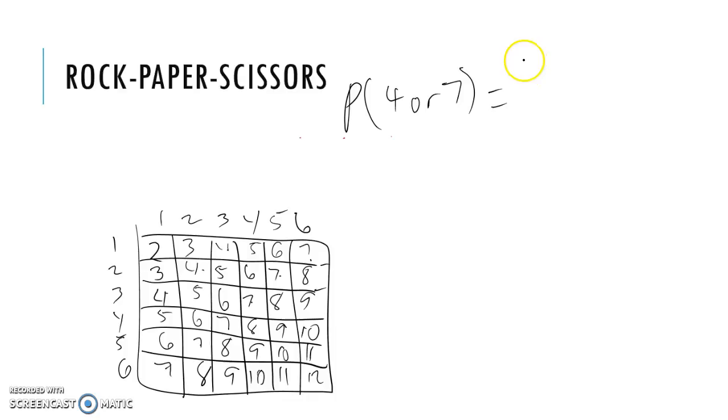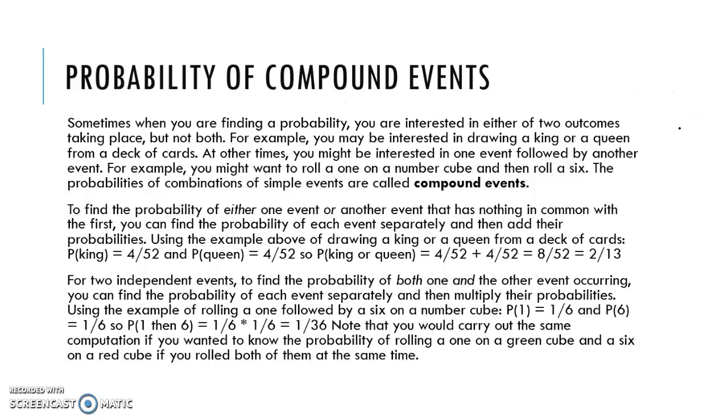So I'm good with 3 out of 36. And I'm also happy with 1, 2, 3, 4, 5, 6 out of 36 for the probability of 7. So if I find the sum there, 9 out of 36, I'm perfectly happy with. So that gives us how to find one of our compound events.